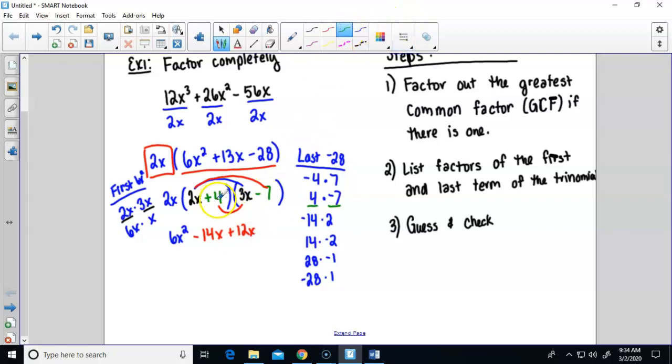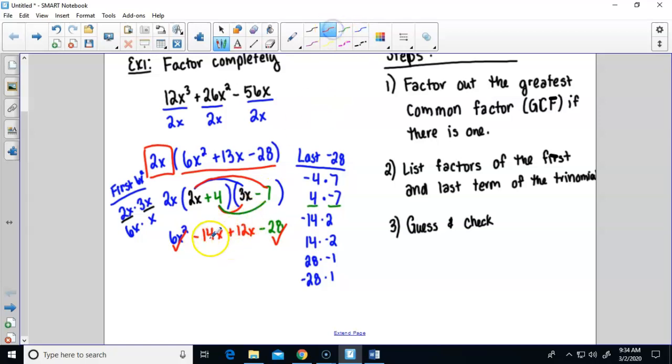And then my last term is positive 4 times negative 7, that gives me negative 28. I already knew that because I picked numbers that would give me negative 28, right? So what we're doing is we're picking numbers we know will give us 6x squared, and we know will give us negative 28, kind of like you guys were doing on that worksheet. And then we're guessing and checking to see what works in the middle here.